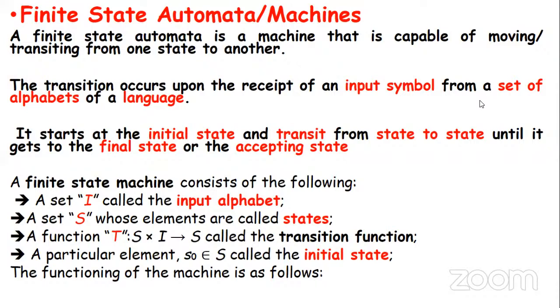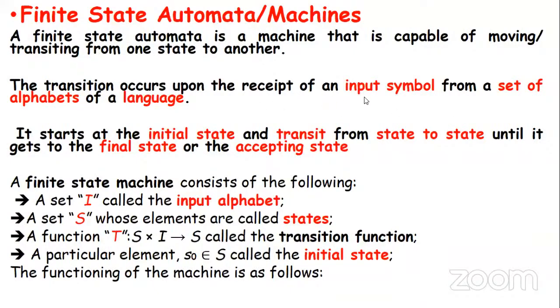In our first class, we defined what symbols are, right? We defined what alphabets are, and we defined what languages are. So this transition occurs upon the receipt of an input symbol from a set of alphabets of a language. Now, please take note of this definition.